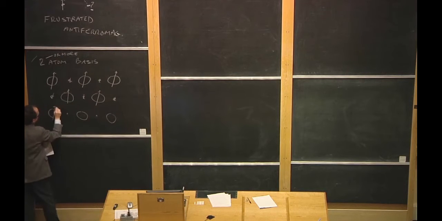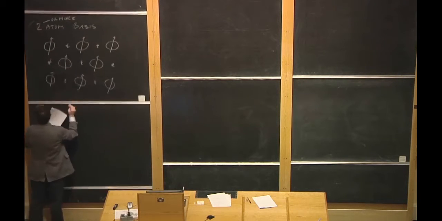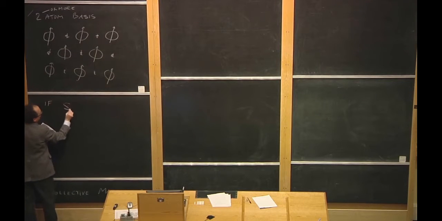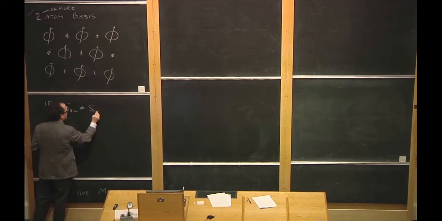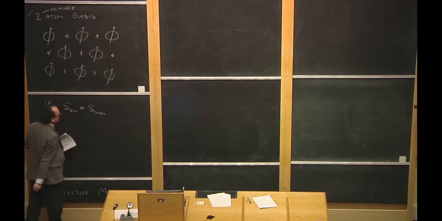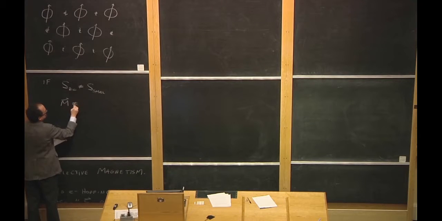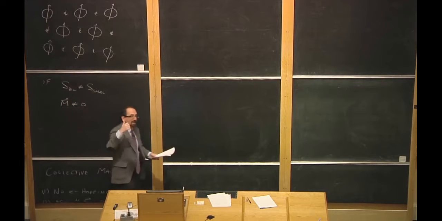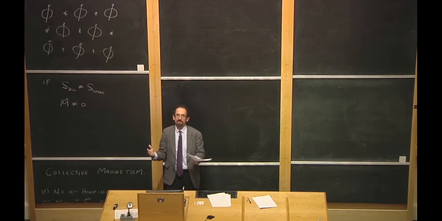Up, down, up, down, up. If the spin on the big atom is not equal to the spin on the small atom, then we'll have magnetization not equal to 0, because you'll have more magnetization pointing up than you have magnetization pointing down. Is that clear how that works?